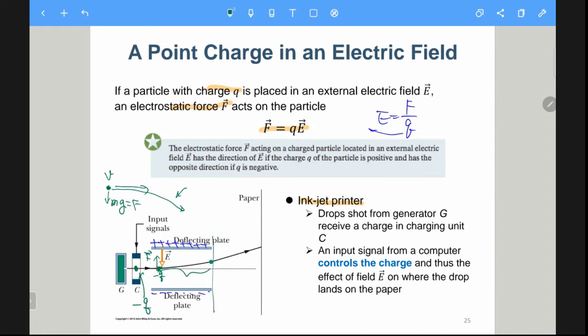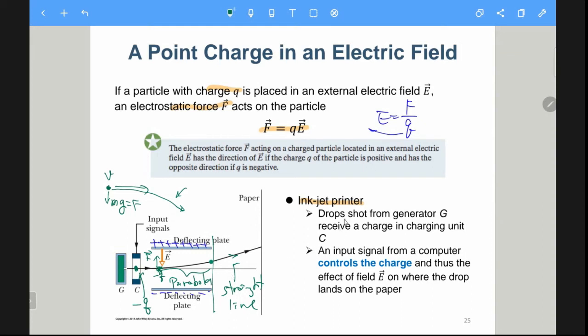Out of this region, we assume that the electrostatic force is weak enough, so after this region it is a straight line. This is a straight line, and this is a parabola. Okay, something like this.